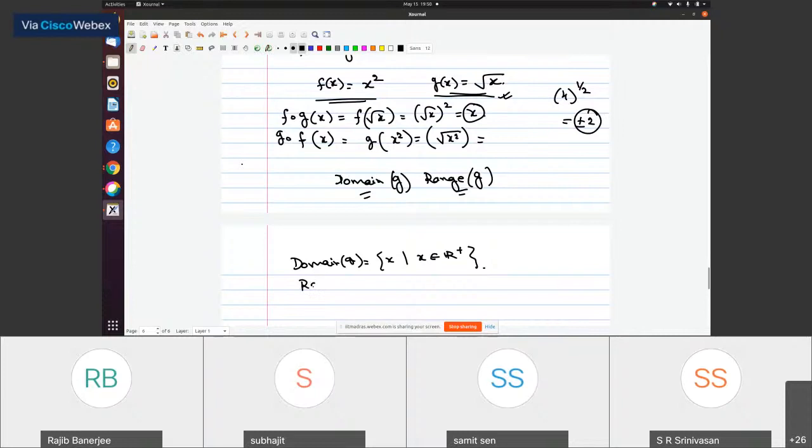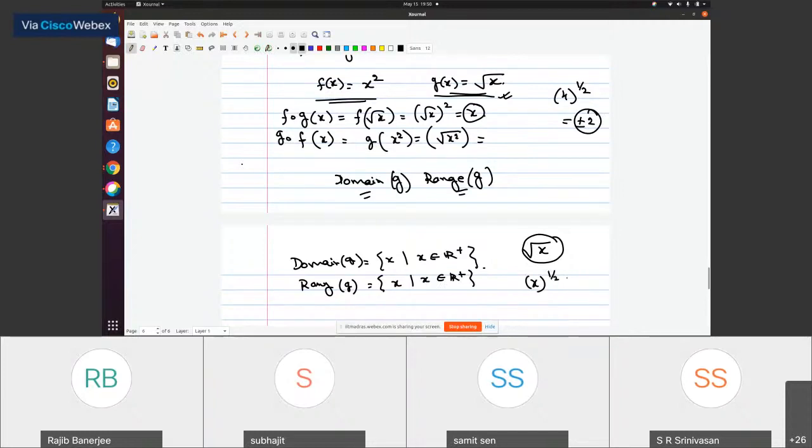And what is the range of G? If x is positive, that is also a positive y-axis. Whenever I am considering this root x, the root symbol always denotes a positive number. There is a difference between this and this.